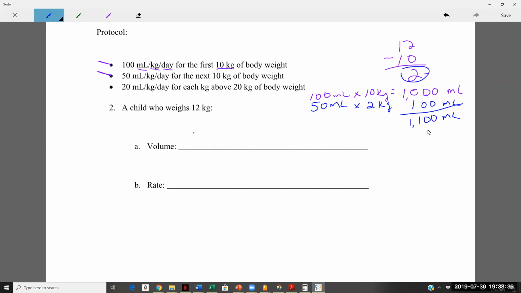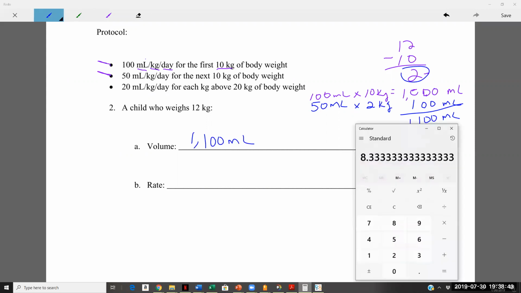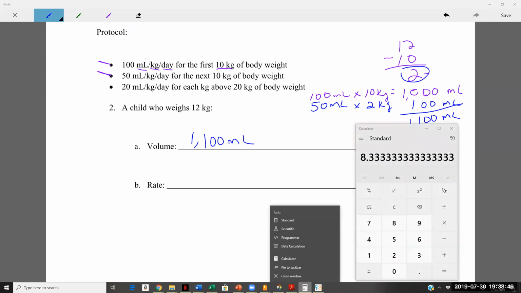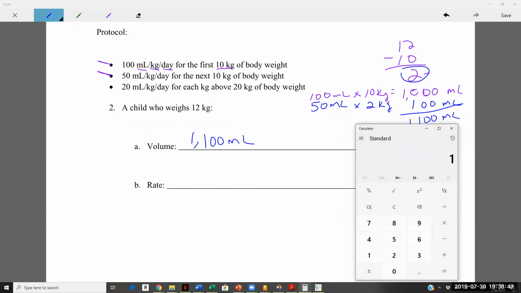So I'm going to go ahead and write that under my volume, 1,100 milliliters. Now I need to know my rate. Again, I'm going to take that 1,100 milliliters and I'm going to divide it by 24 because this is milliliters per kilogram per day, and there's 24 hours in a day.